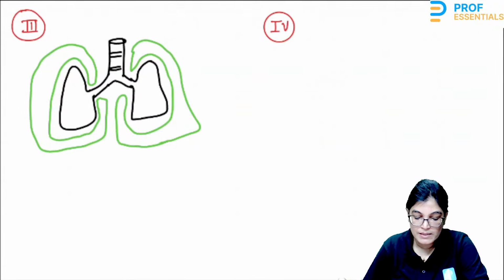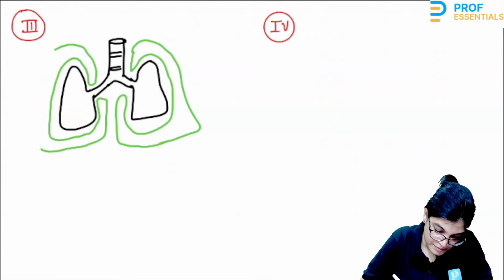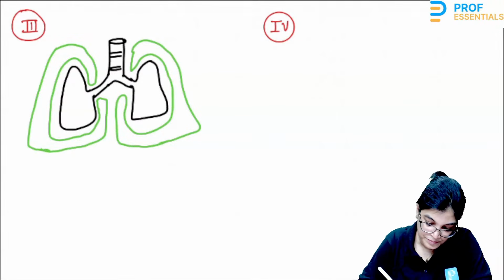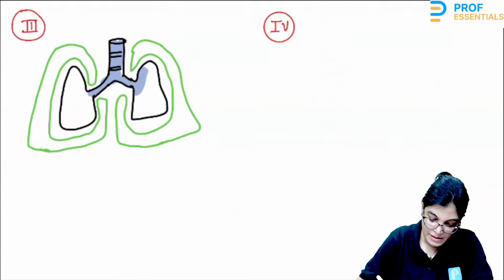So here, this is the laryngotracheal tube. This is the developing lung.